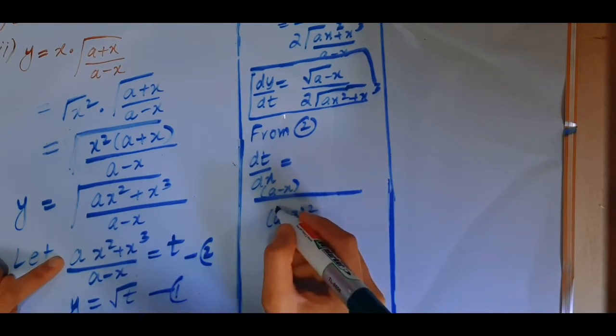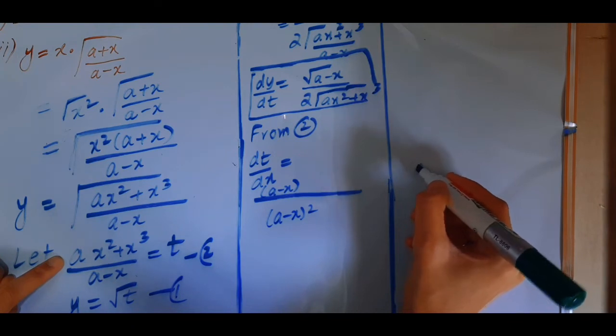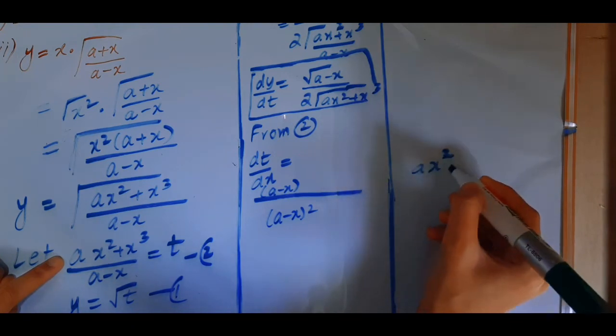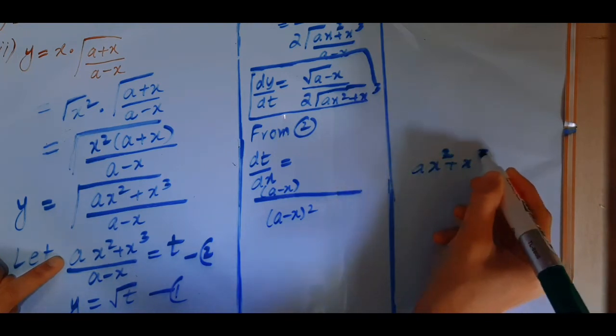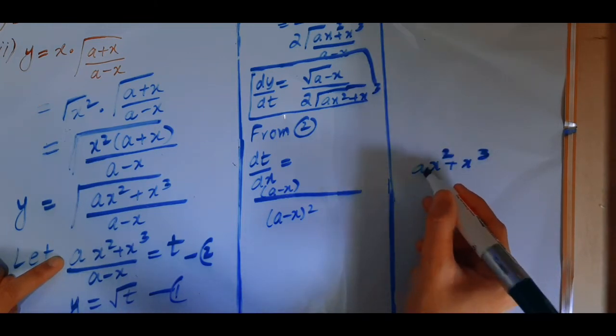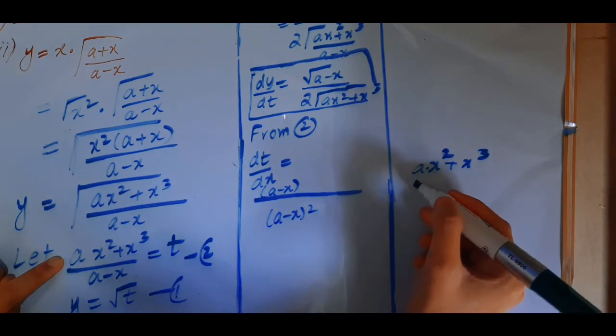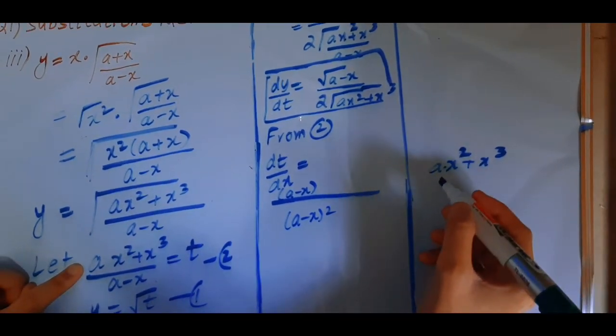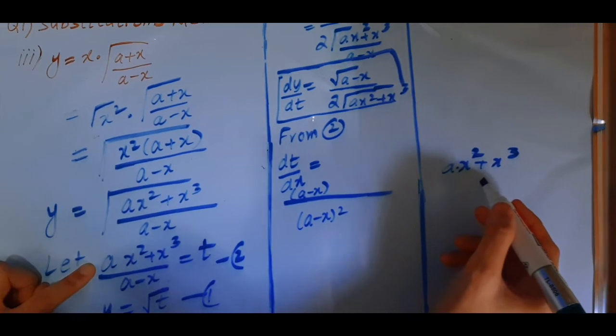The derivative of the numerator is d of ax square plus x cube. These two terms are multiplying, so we will use the product rule here.